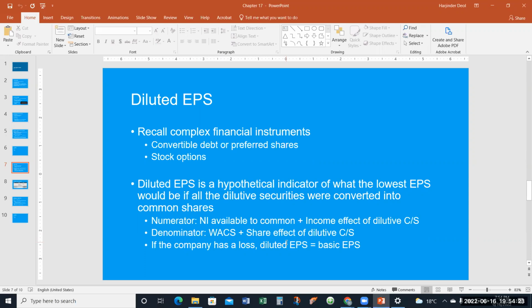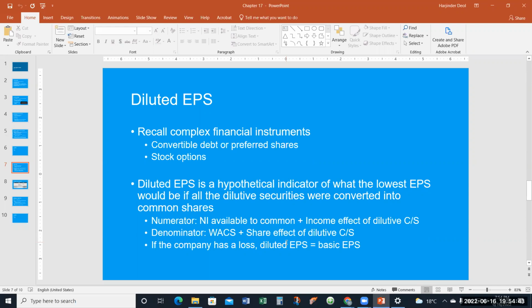Your loss was 100,000. So if you calculate what the EPS would be now, it'll be a loss of 100,000 divided by 200,000 common shares. That will be equal to a loss of 50 cents. Now, it's half the loss.